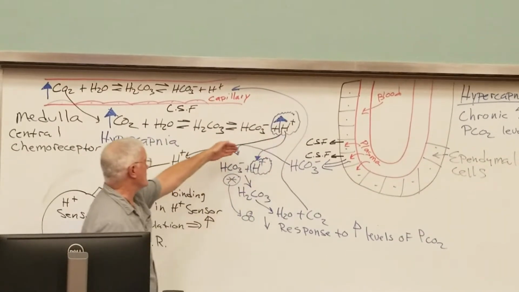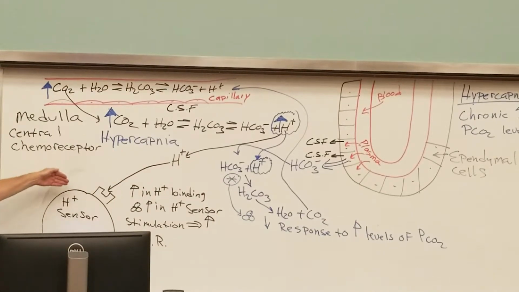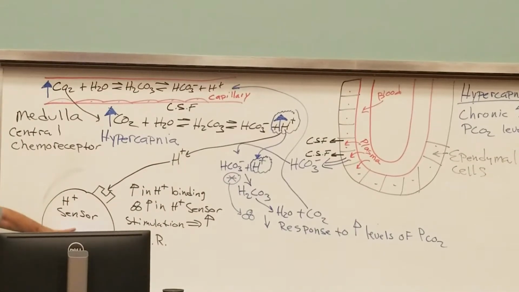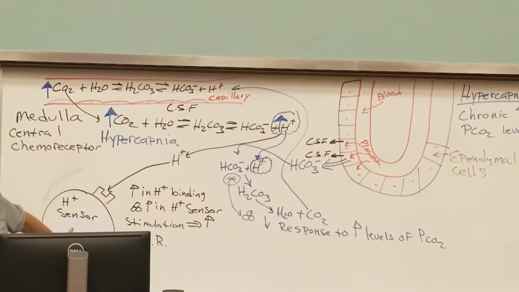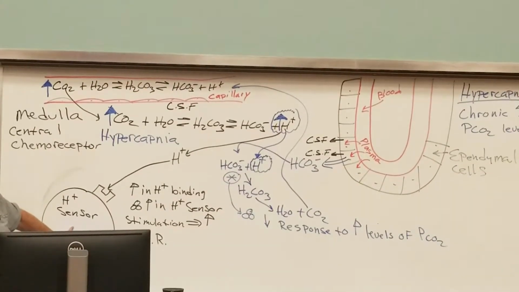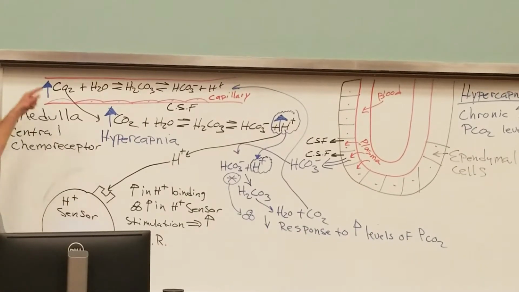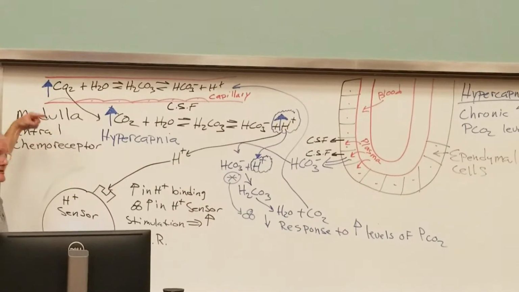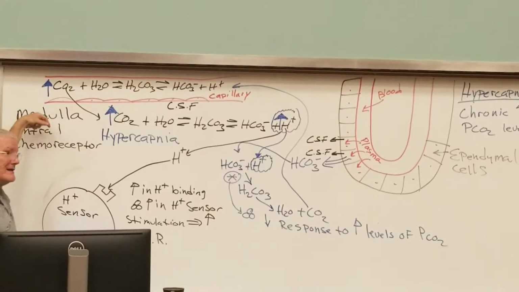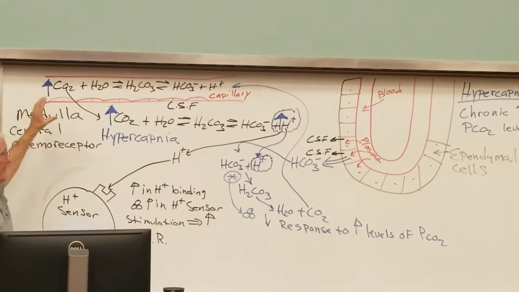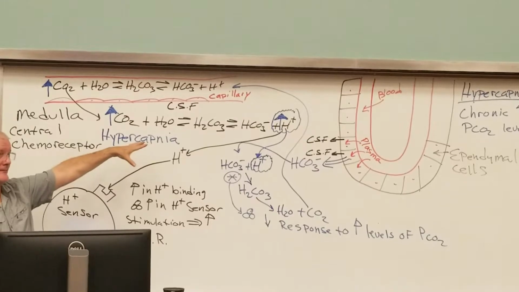Normally, those hydrogen ions would go to the hydrogen ion sensor and you breathe faster. That's what happens when you first get there, and you notice your breathing rate is faster. But if you stay there for a couple of weeks and have chronically elevated levels of CO2 because you've been at chronically elevated altitudes, this starts to become a problem.